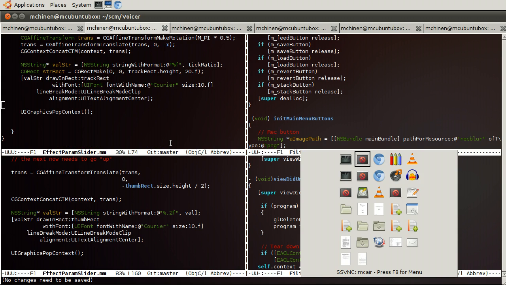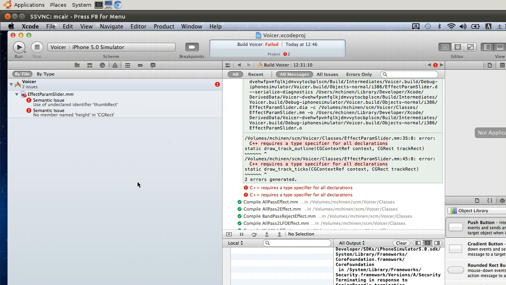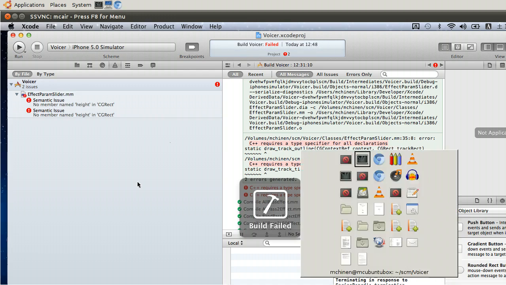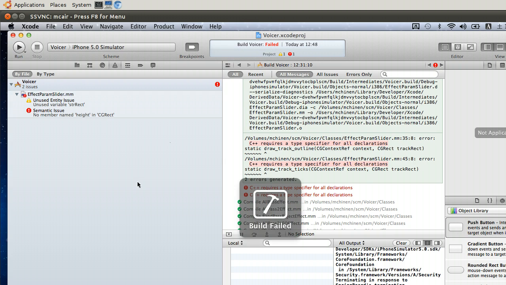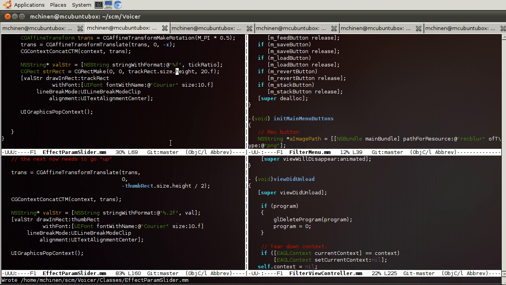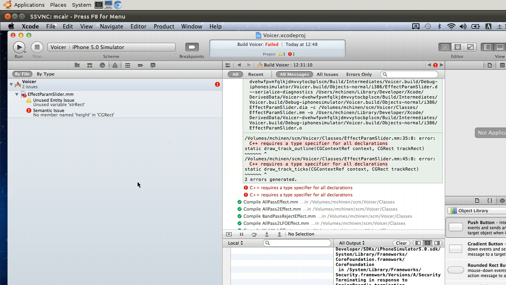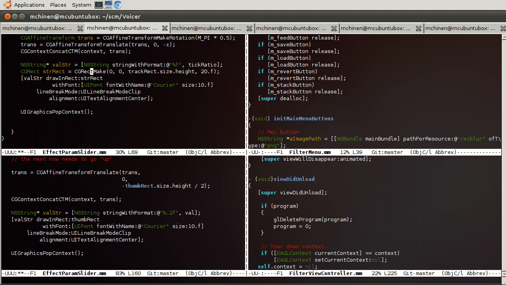Okay, let's see what that does. Does it build? No. No member named height in CGRect. Always do that. No use of strRect. No issue named height.